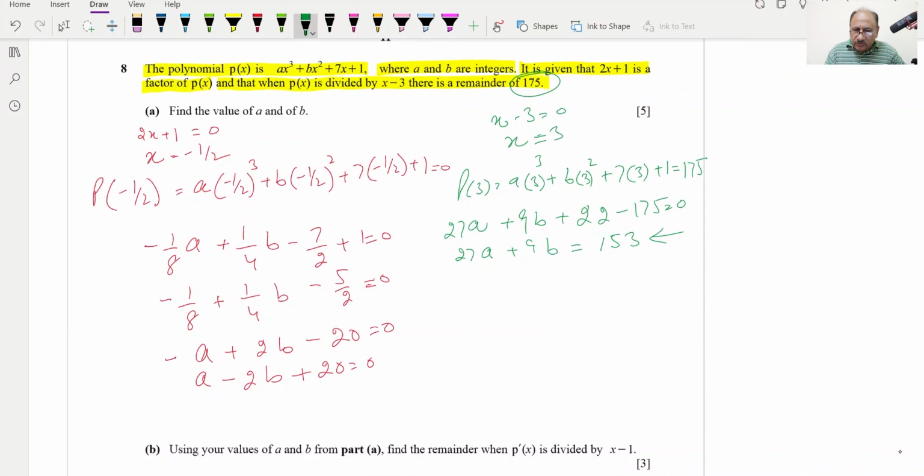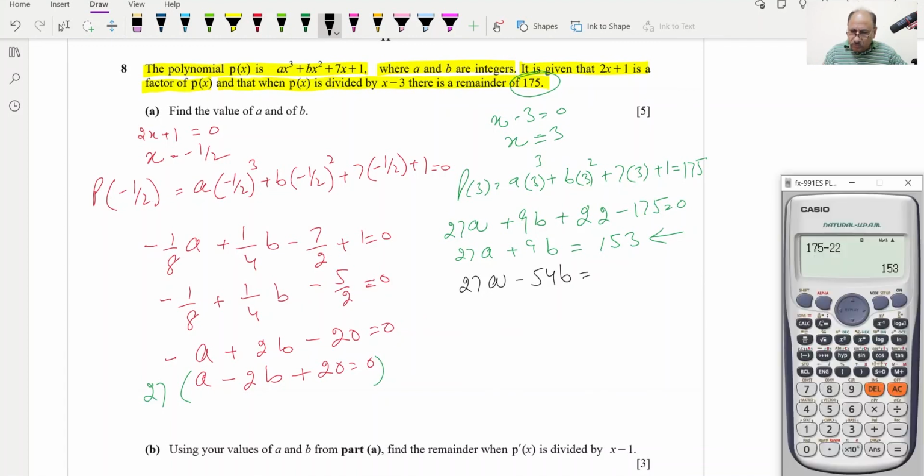We can equalize the coefficients of a, so we multiply this equation by 27. It will be 27a minus 27 2s are 54, so 54b, is equal to 20 into minus 27, which is minus 540.